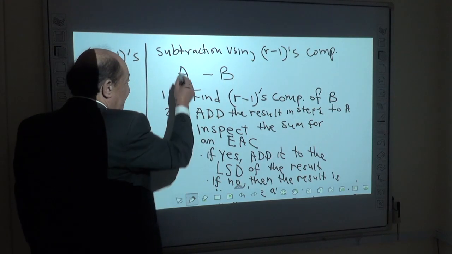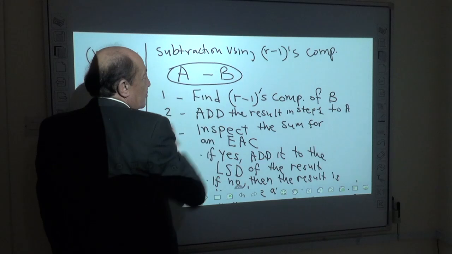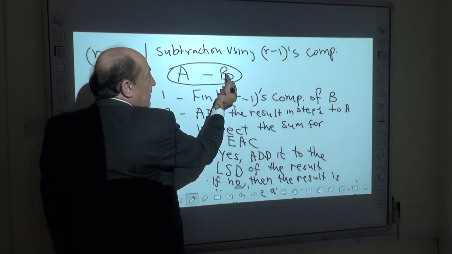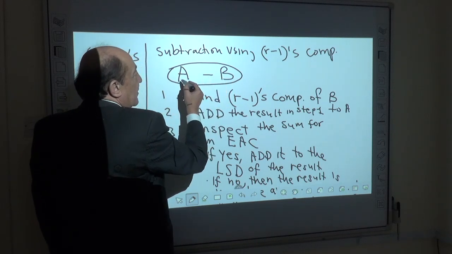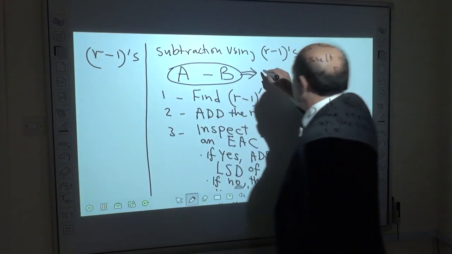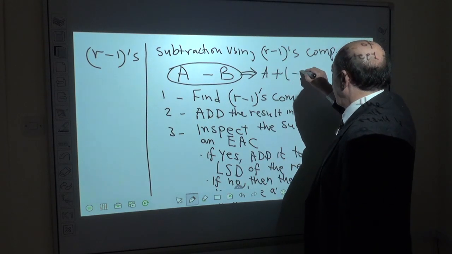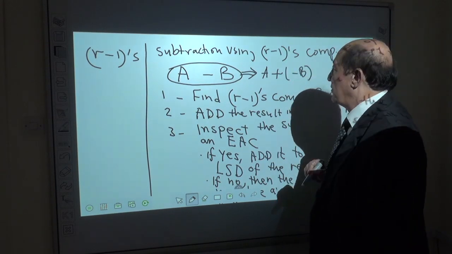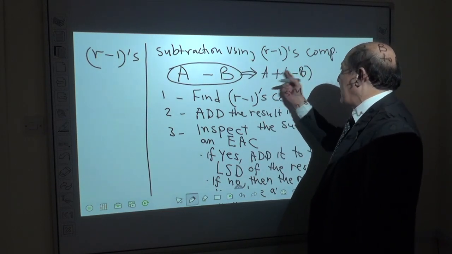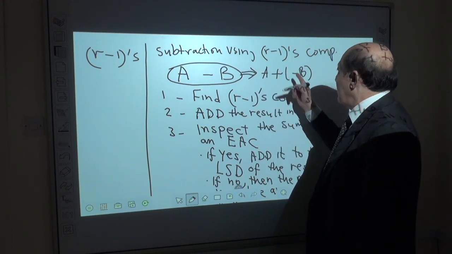Now examples. Again, we have the operation A minus B. We find the complement of B, add the result, as if we are adding A to the complement of B. Now, if there is a carry after the sum, then we add it to the least significant bit.